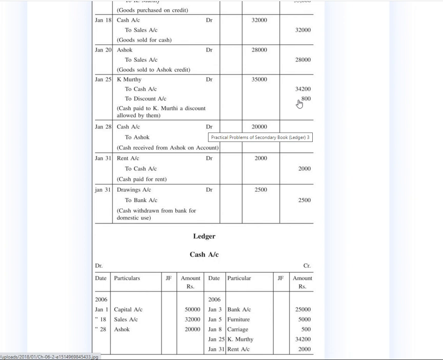So the 800 rupees of discount is invisible but you have actually taken it. Instead of paying 35,000, you paid 34,200. The 800 rupees is a form of income to your business. So the narration is cash paid to K Murthy, discount allowed by him.